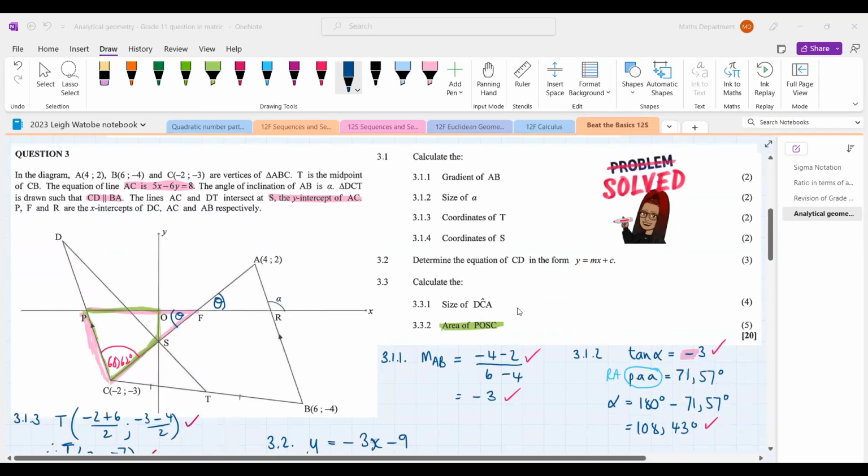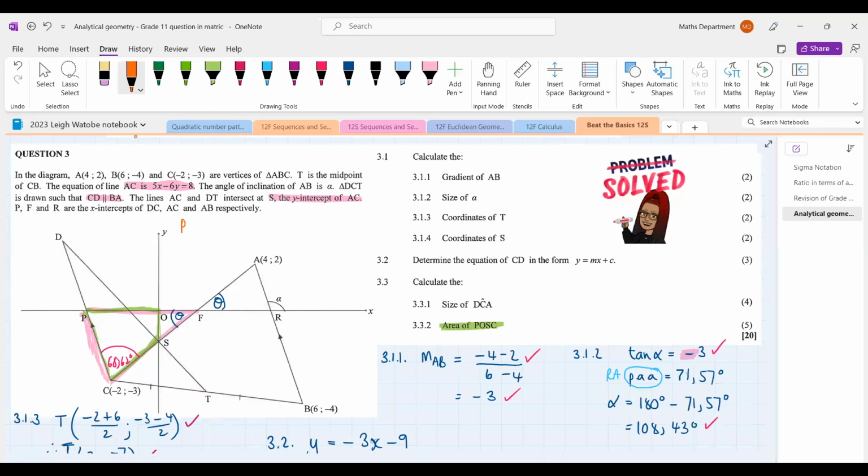So Nolutando's suggestion here was, if you look at the pink, that the area POSC can be calculated by taking the area of a triangle and minusing the area of another triangle.